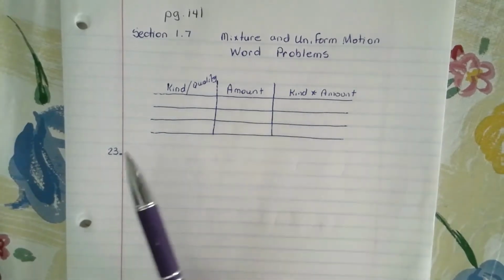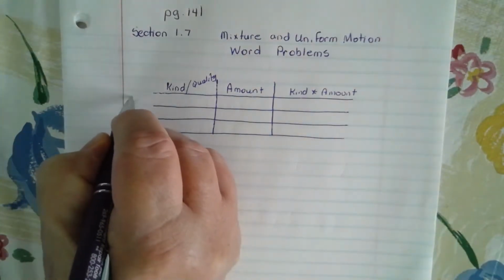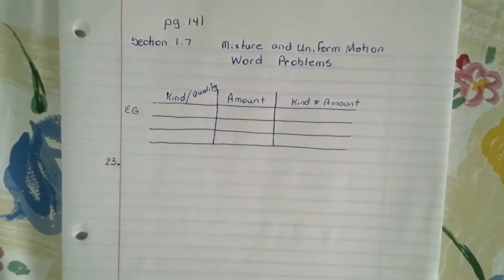So the first problem we're looking at is problem number 23, and it tells me in that problem that she wants to mix some Earl Grey tea, so I'm going to put EG for Earl Grey, and that it sells for $6 a pound. Well, that's what makes it different from the other kind, is that it sells for $6.